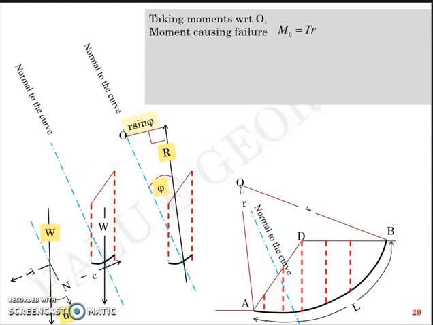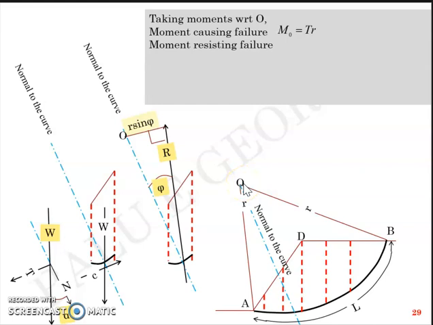Now what is the moment resisting the failure? The moment resisting failure will have two components because it's a C-phi soil. The first component is the same thing as you have seen in the phi 0 analysis. That will be C into delta L into R. In the phi 0 analysis, we had studied that it is C into L into radius: cohesion multiplied by the length of the arc multiplied by the radius.